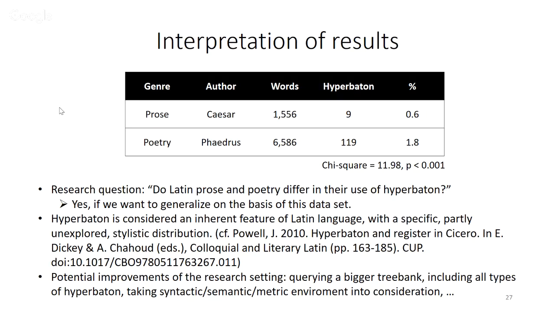However, there are hyperbata even in Caesar's prose, and I would say some of them are quite striking. In fact, hyperbata are not the privilege of poetical language, but they occur in classical and later Latin prose too. Actually, they are nowadays considered an inherent feature of the Latin language with a specific stylistic distribution, which is not yet well studied.